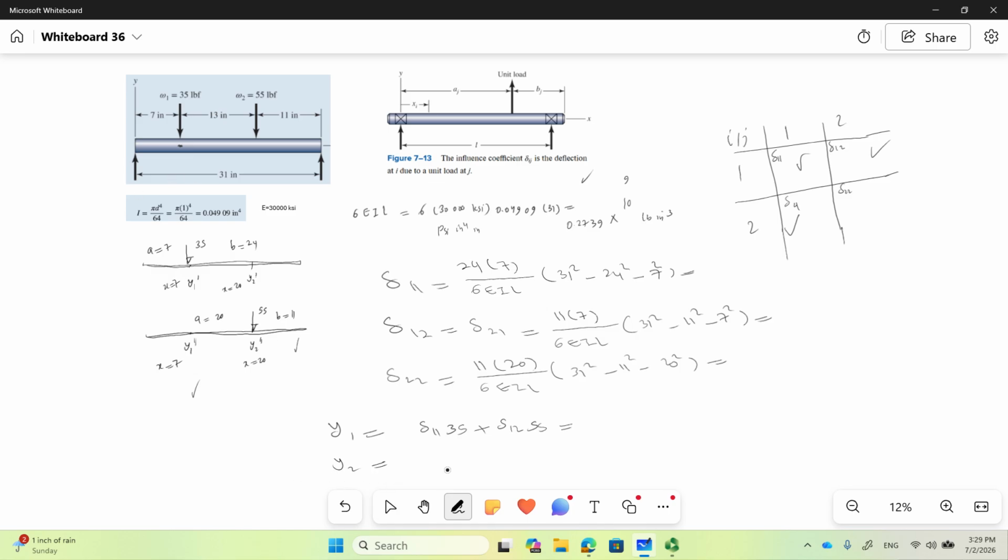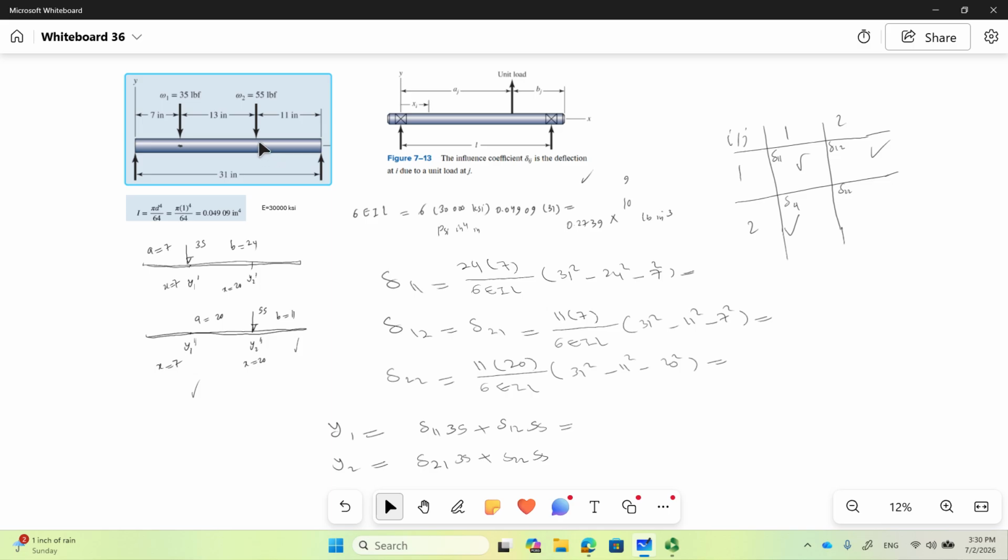And then y2 is going to be, again, delta 2,1 times 35, and then delta 2,2 times 55. It's the same reason. Delta 2,1 is the deformation at this point as a result of a unit load at the first point. But my load is not a unit load, so I have to multiply delta 2,1 by 35 and then add to that delta 2,2.